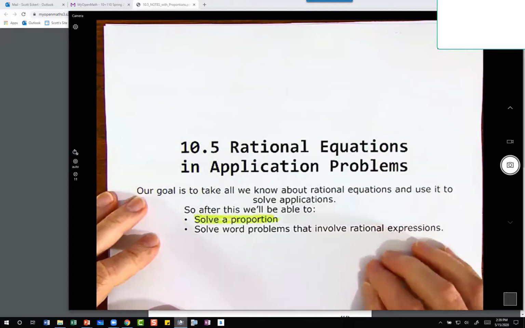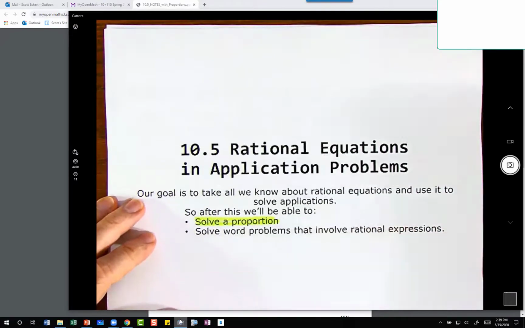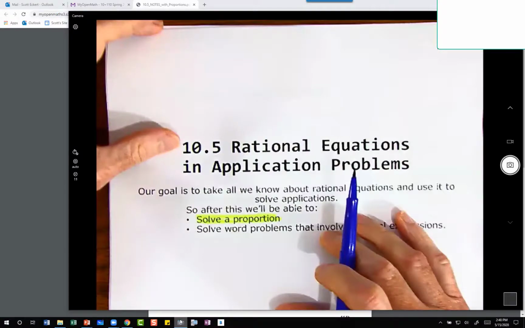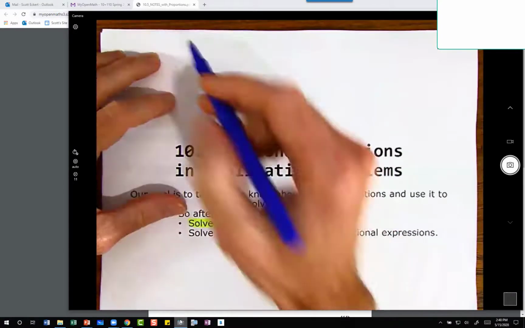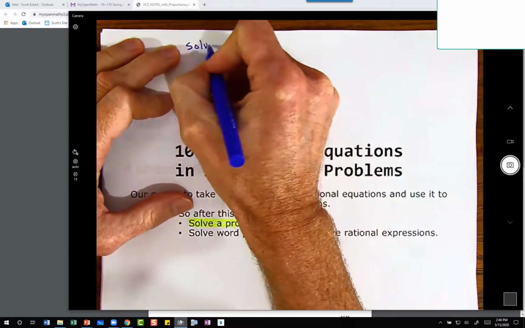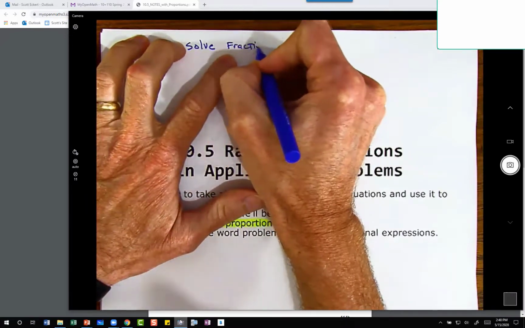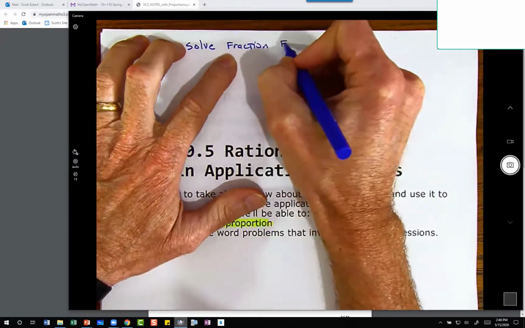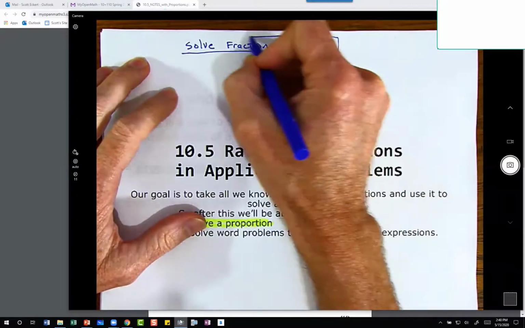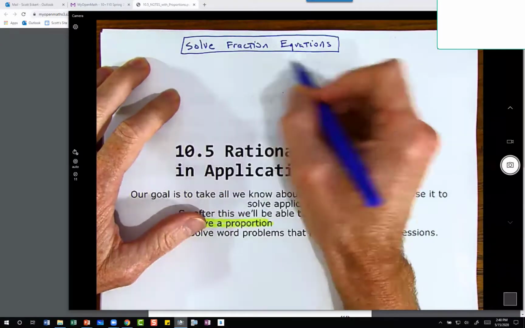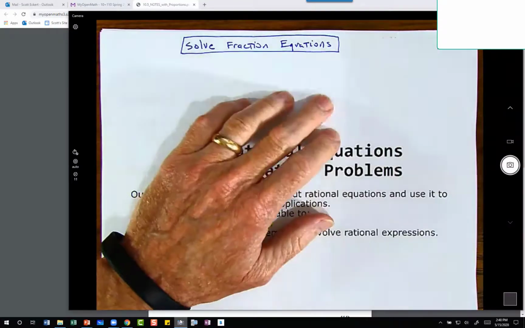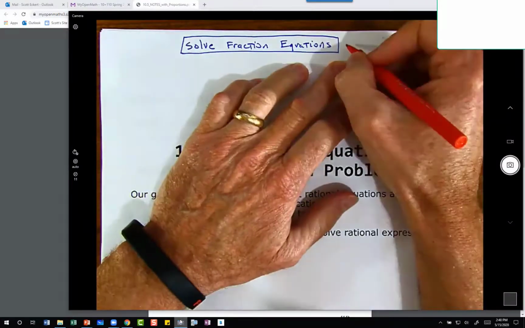The first goal is a contrast. We have been solving fraction equations. And the strategy, if we do it by algebra, the strategy is to kill the fractions.